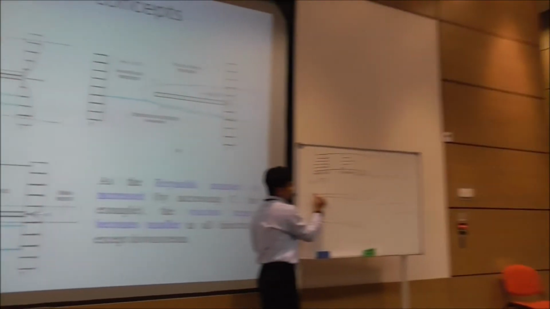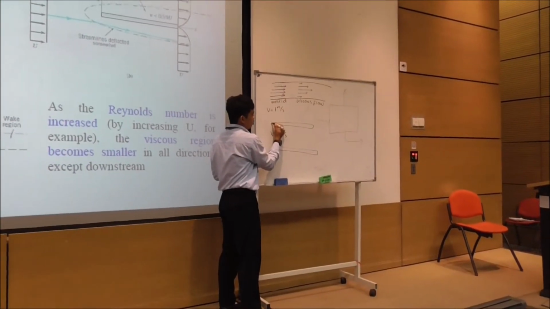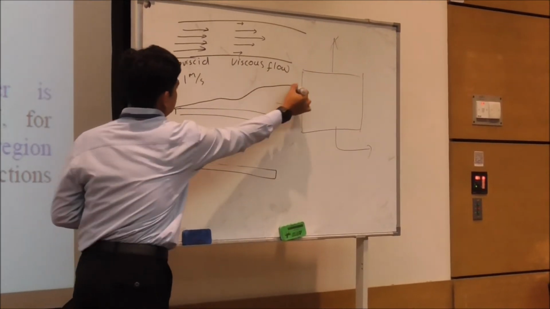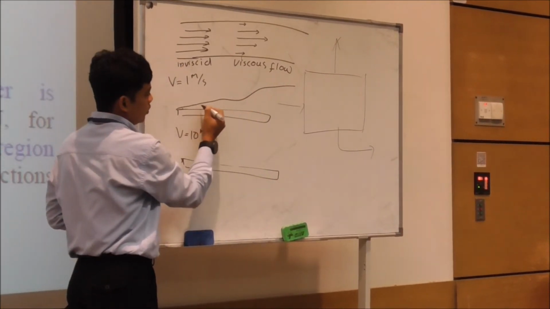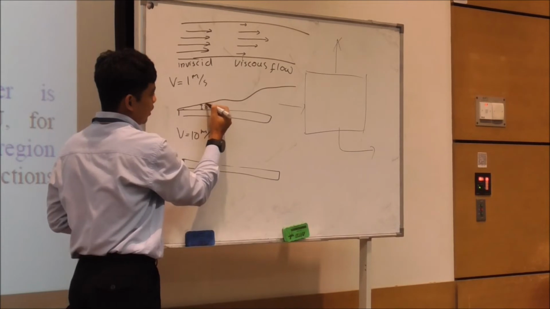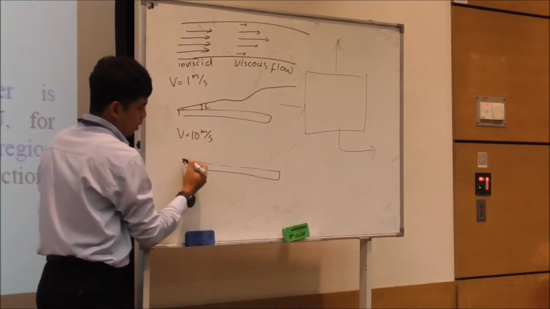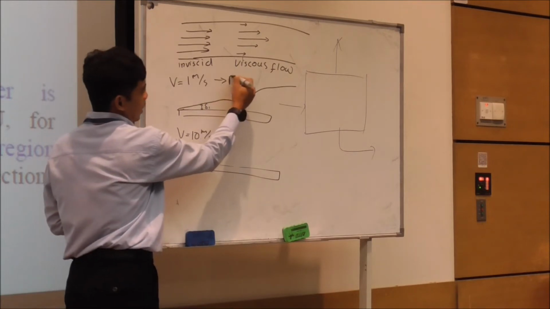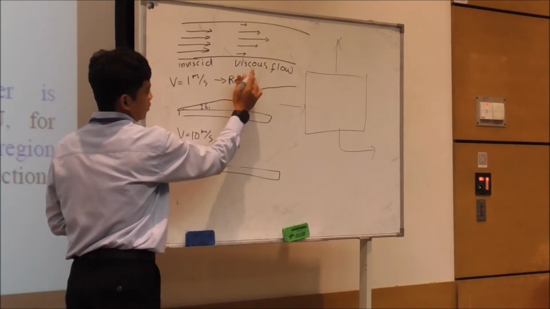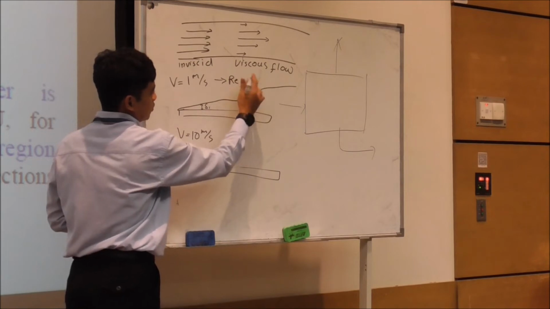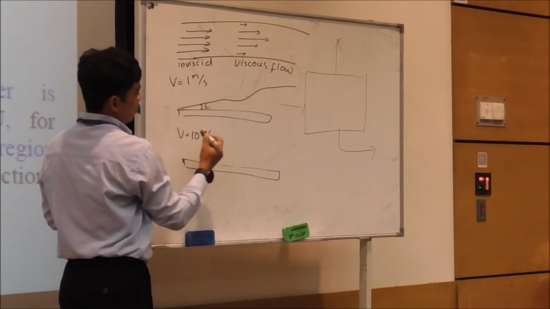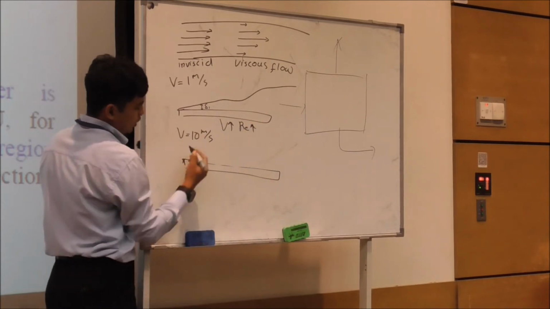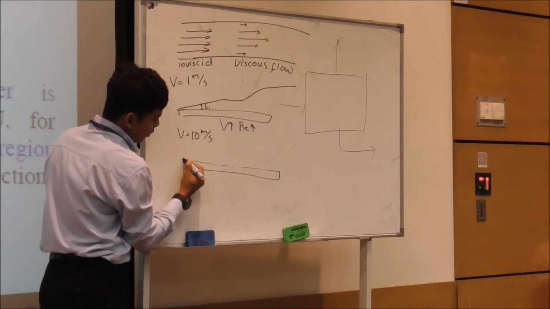When you have 1 meter per second, the boundary layer will grow from here to there to there. This thickness is delta 1. In here, when your velocity is higher, the Reynolds number is also higher. So in this case, the boundary layer will be thinner.